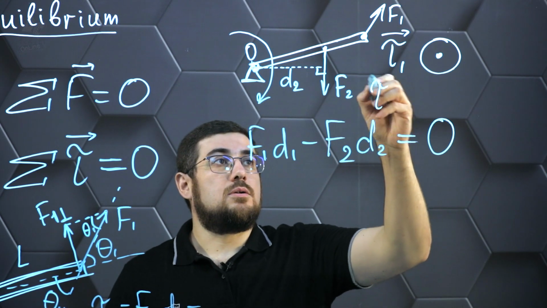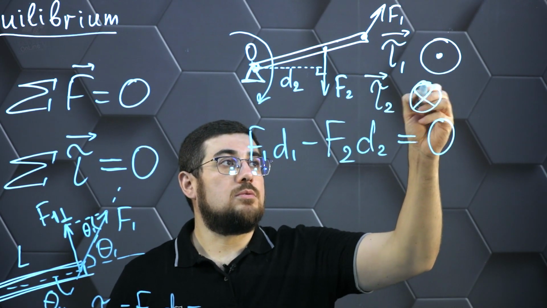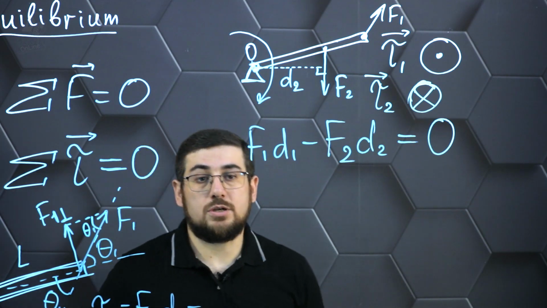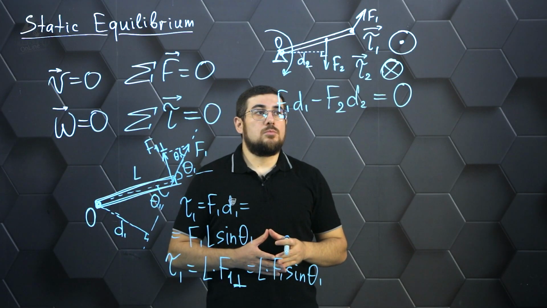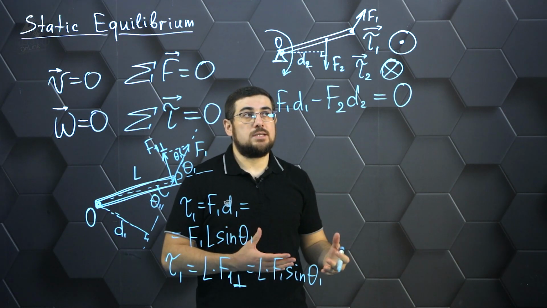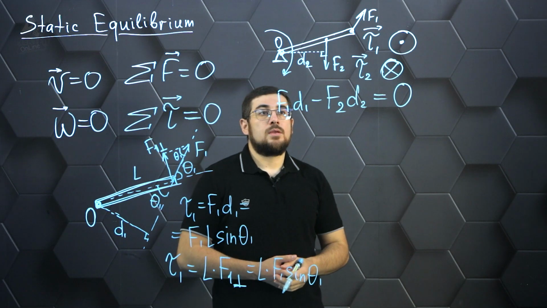So the moment vector of F2 will be positioned like this. We show a cross in this case. This is a conventional notation which is accepted and which we use when it is necessary to show the vector that lies in the plane perpendicular to the figure.